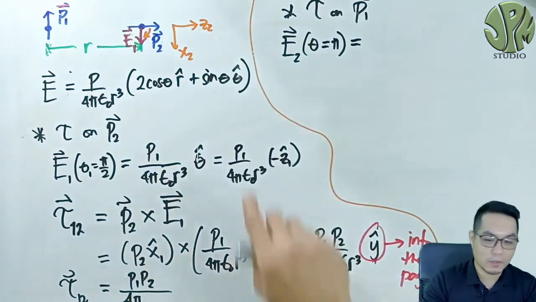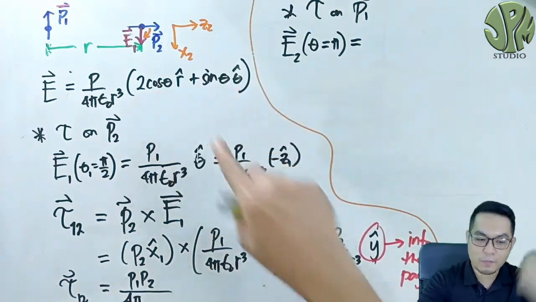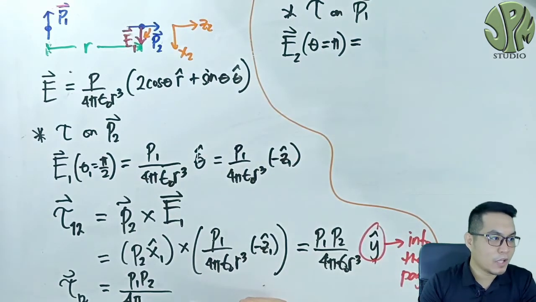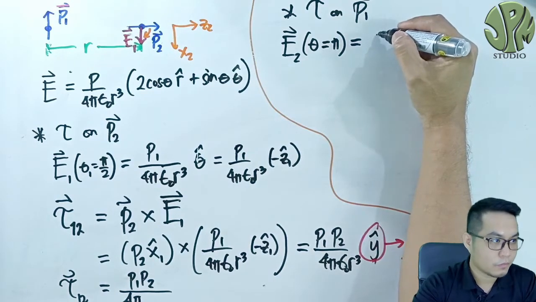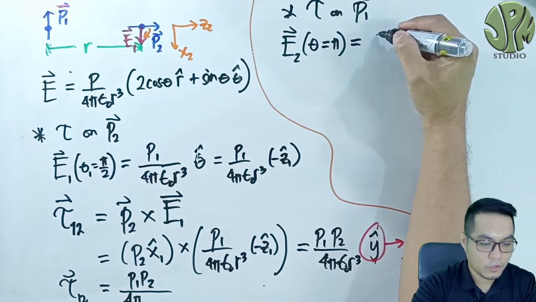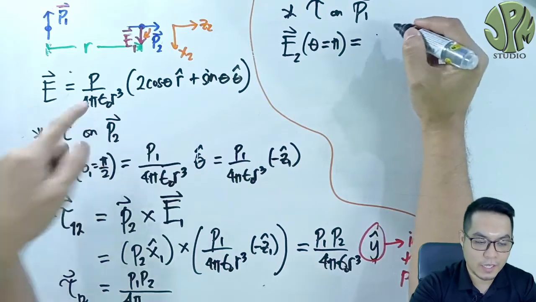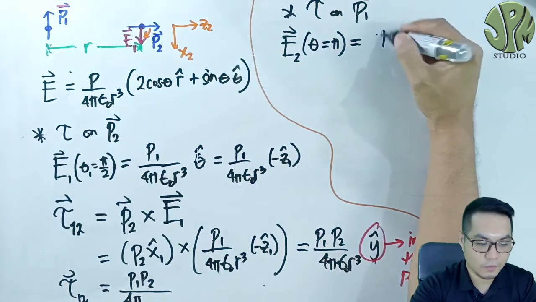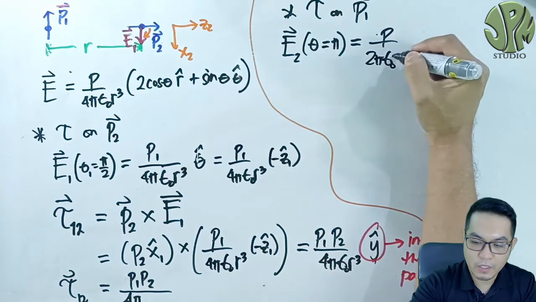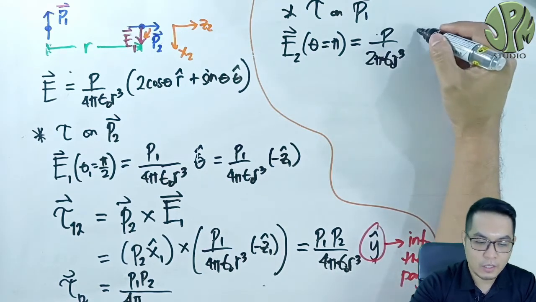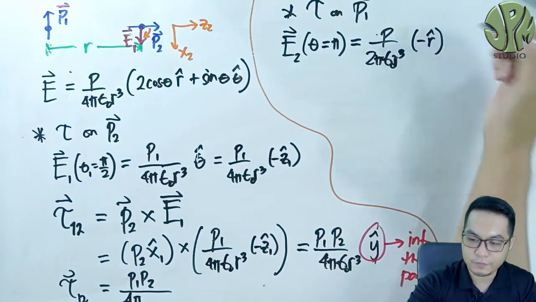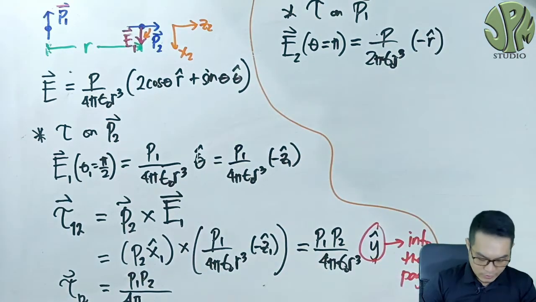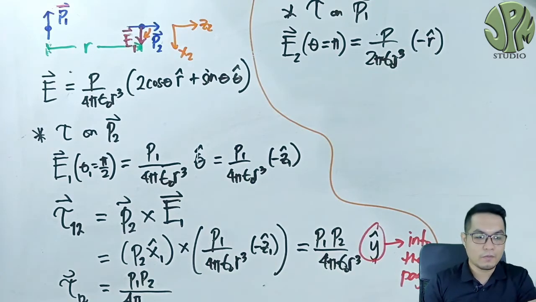When theta is equal to pi, sine of pi is 0, cosine pi is -1, and you will get, so you have 2 and then 4, the 2 cancels, so p over 2 pi epsilon naught r cubed, and cosine pi is -1, so negative r hat. Okay, so what is this direction, negative r hat?